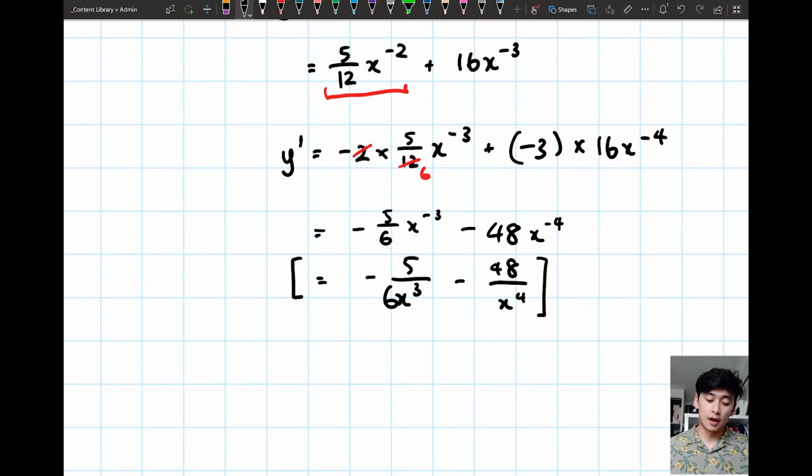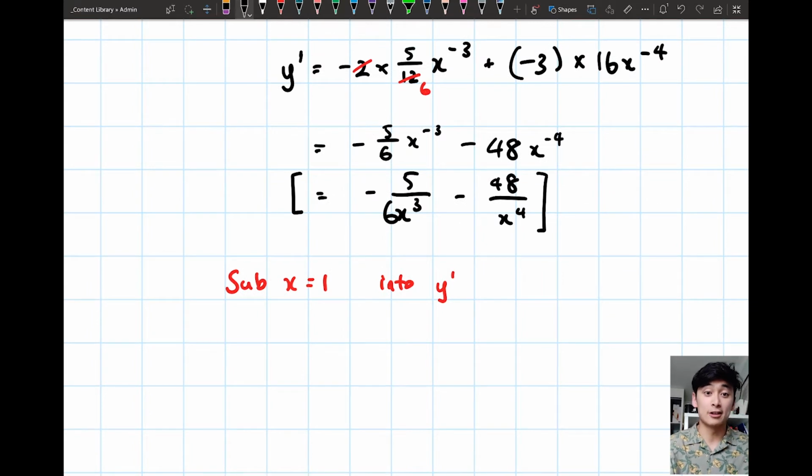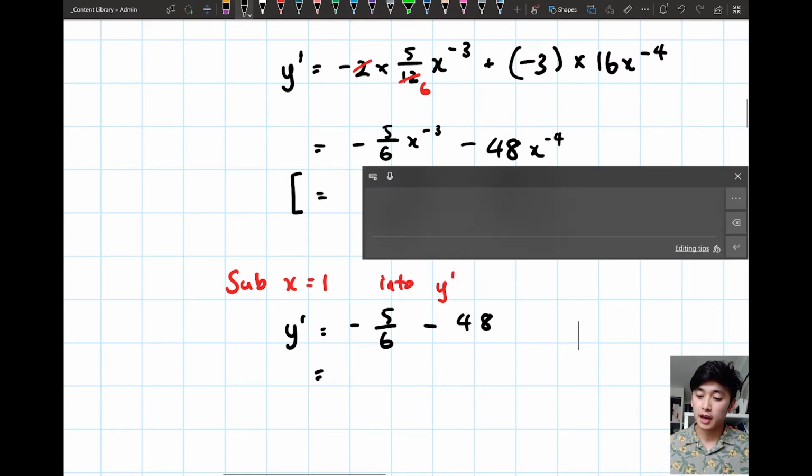Second part is I want to find the gradient of the tangent at x is equal to 1. So I'm going to sub x is equal to 1 into my derivative to find the gradient of the tangent at that point. So y dash is equal to negative 5 over 6 minus 48. I'm going to put that into my calculator.